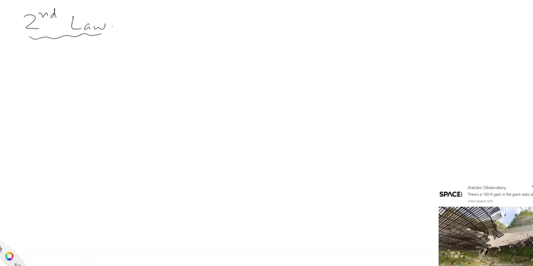Okay, so let's talk about Newton's second law. In the first law, we talk about how things behave when there is no net force. If the net force is zero, either an object will stay at rest, meaning it won't move, or it will move in a straight line at a constant speed.